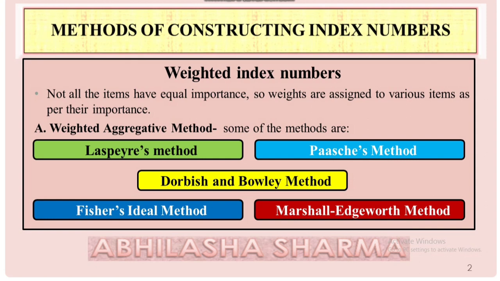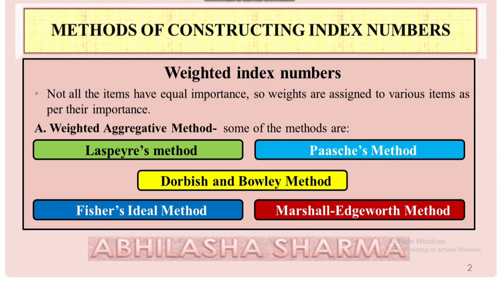In weighted index numbers, all the items in the list do not have equal importance. So, as per their importance, we assign weights to various items. As you have already learned in our previous video, the construction of weighted index numbers is classified into two categories, weighted aggregative and weighted average of relatives.